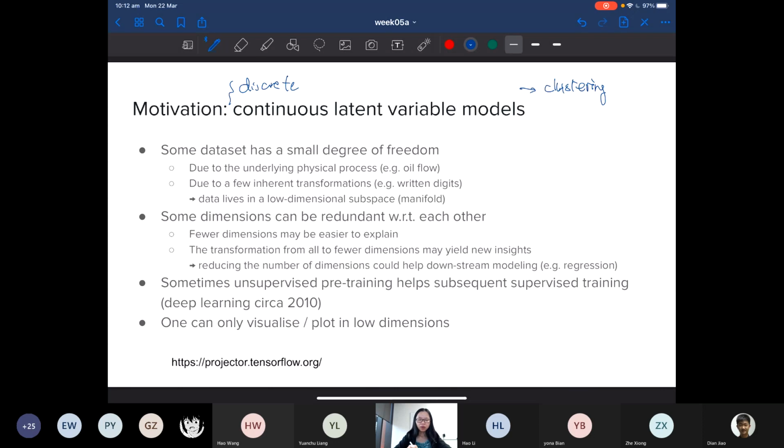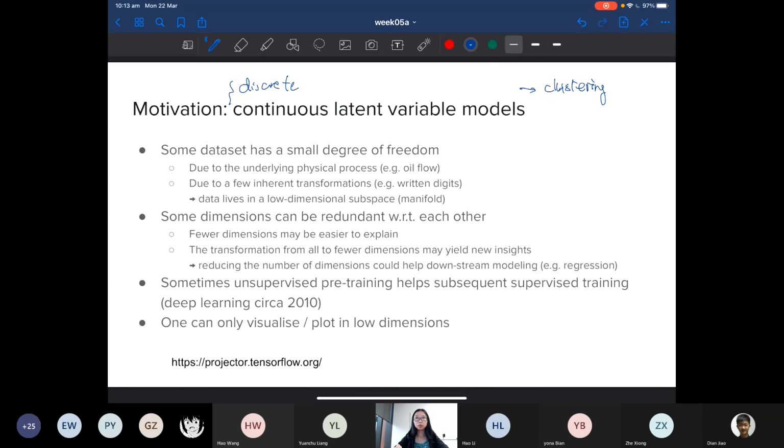So what a continuous latent variable model does is it aims to discover the inherent structures of the data set. The idea is that despite many observed data sets being high dimensional, they only have a small degree of freedom due to the underlying physical processes, such as in the book, the oil flow data set.